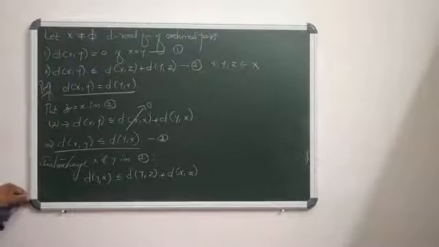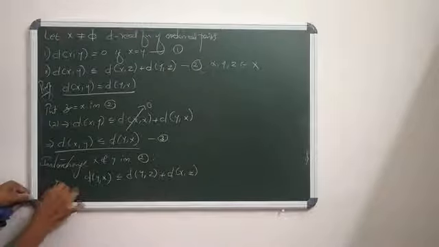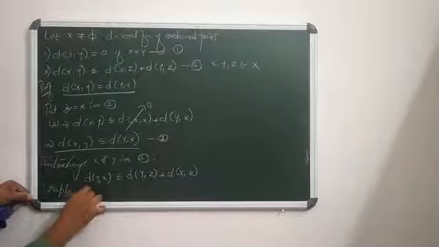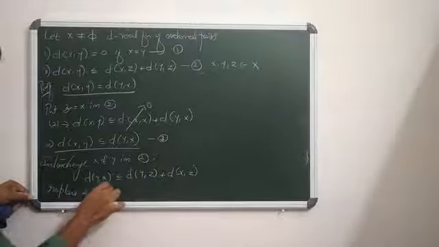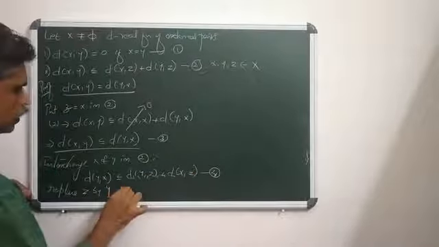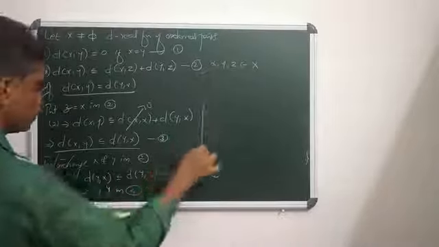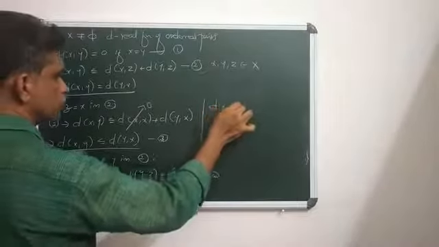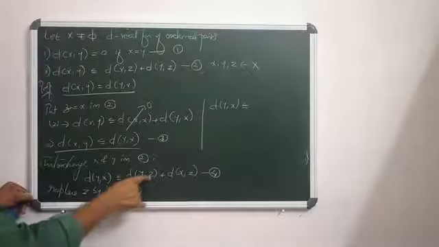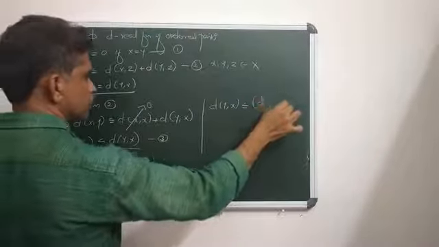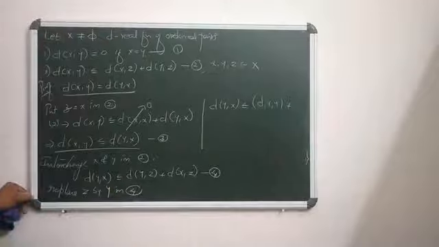So here replace z by y. What do you get in equation 4? By replacing z by y, we have dyx less than or equal to dyy plus dxy.